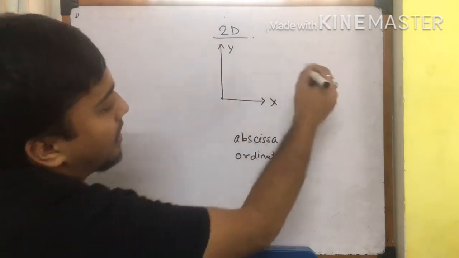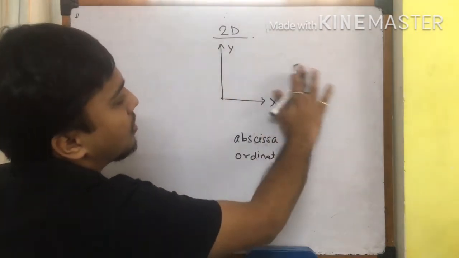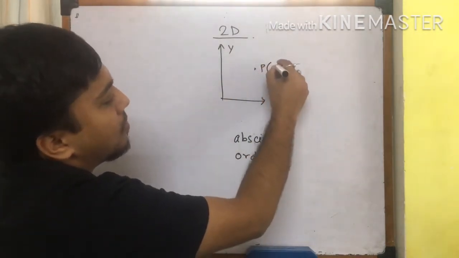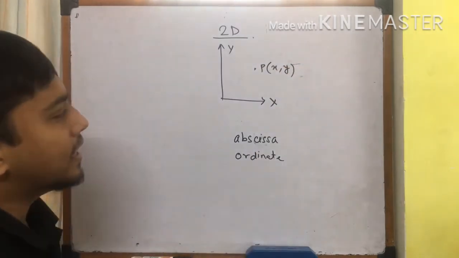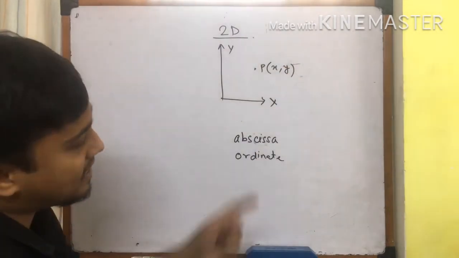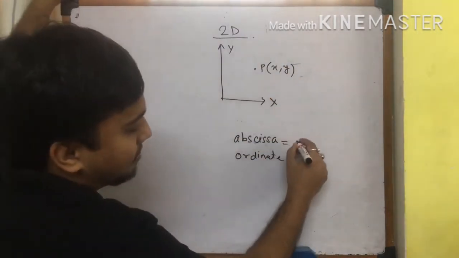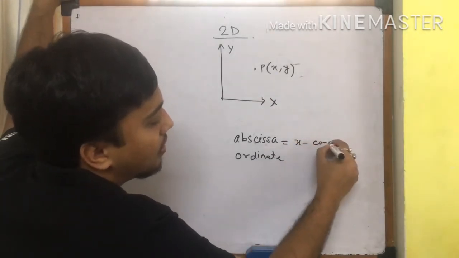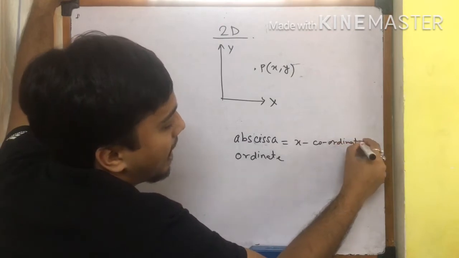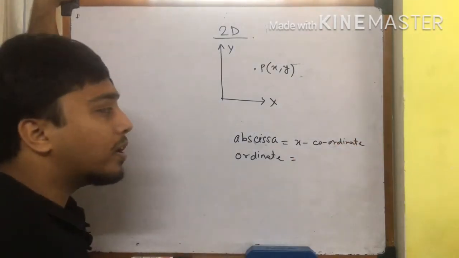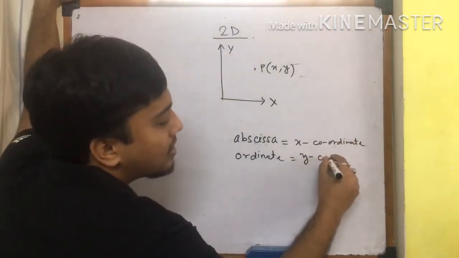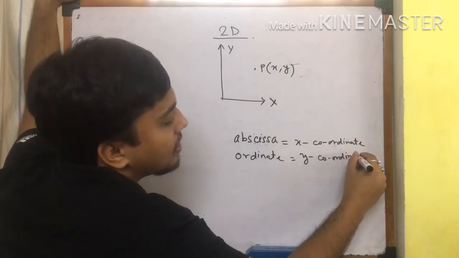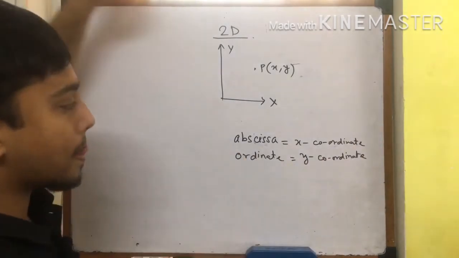When we write a point P(x, y), this x is called abscissa. That means the x coordinate is called abscissa. And what is ordinate? The y coordinate is called ordinate.